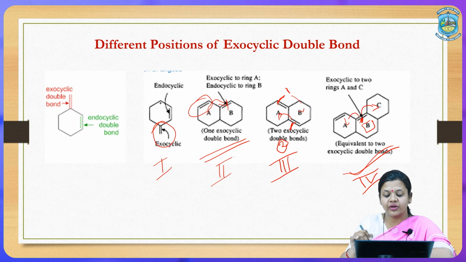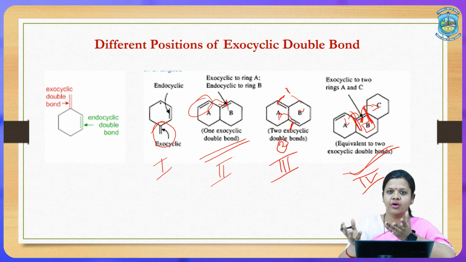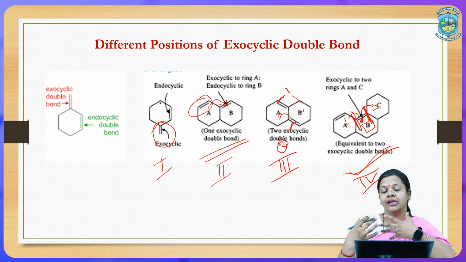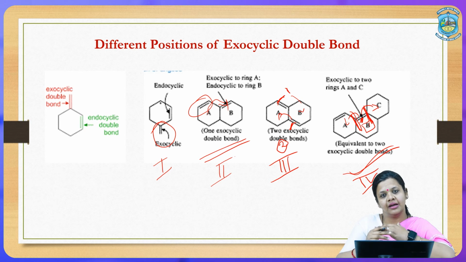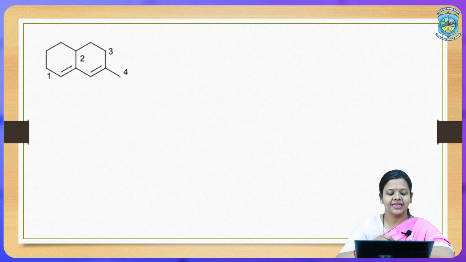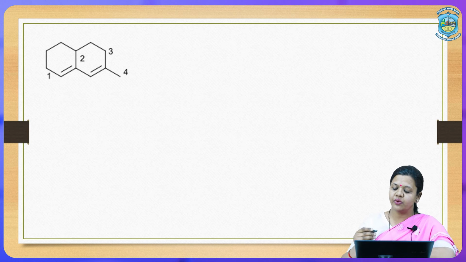It is perpendicular to both the rings. So, simultaneously a single bond can act as exocyclic to 2 rings, for whichever it is perpendicular to. I hope you are clear with the presence of these conditions in the particular organic molecule. Now we can practice it in these given molecules.